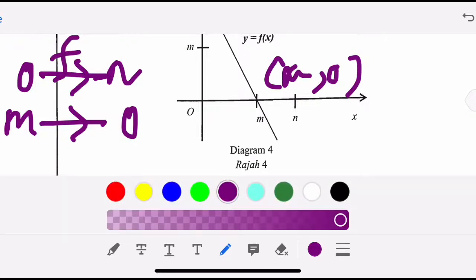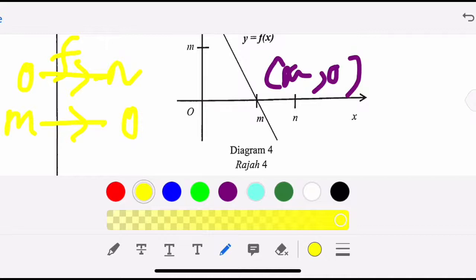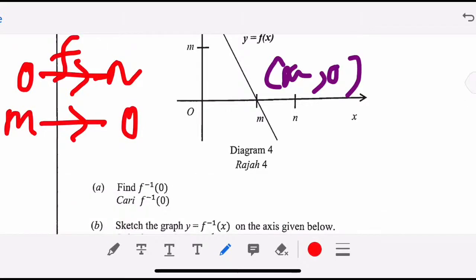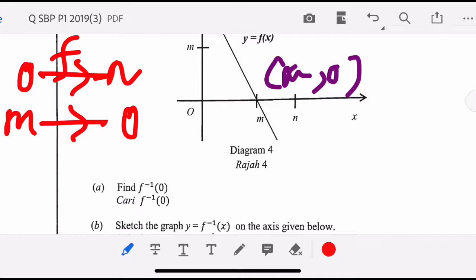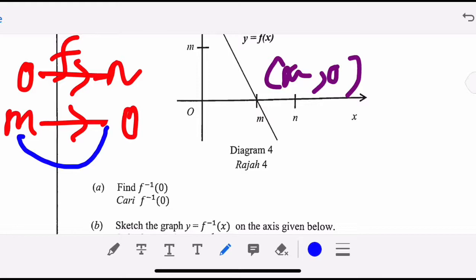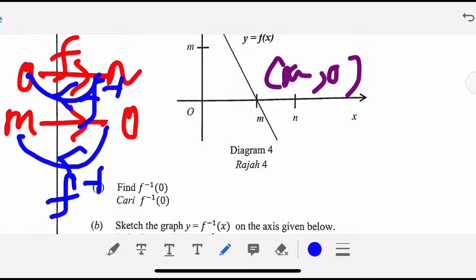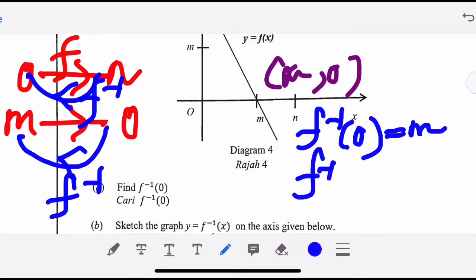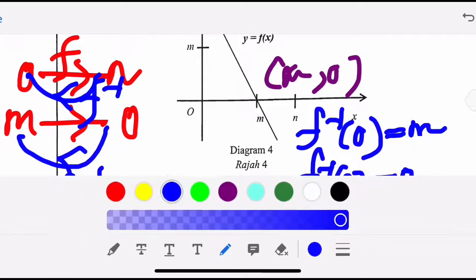That means 0 is an object and n is the image of 0, and m is the object for image 0. You draw the arrow diagram and then try to understand how to convert y into x and x into y. That means you just reverse the function. That's called the inverse function. So you are asked to find the inverse that will bring 0 to m, right? So that is the answer. For part A, the answer is just m.